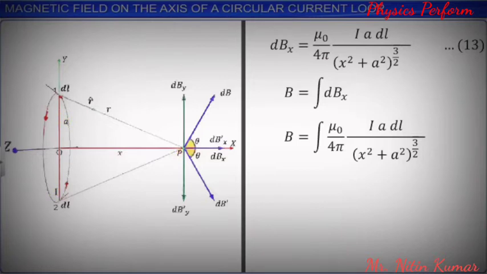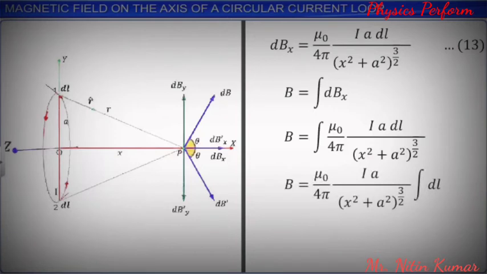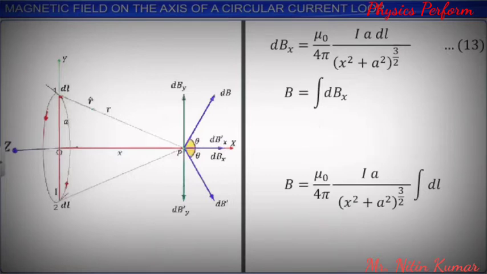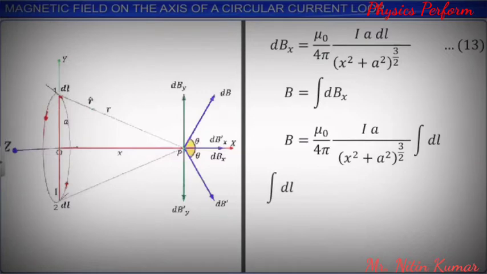Hence, the equation can be written as B is equal to mu naught by 4 pi into I A by x square plus A square power 3 by 2 into integral dl. Integral dl is equal to L, the perimeter of the current loop, equal to 2 pi A.